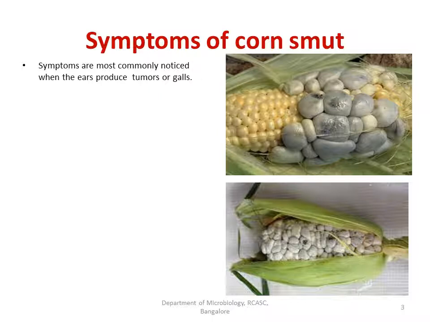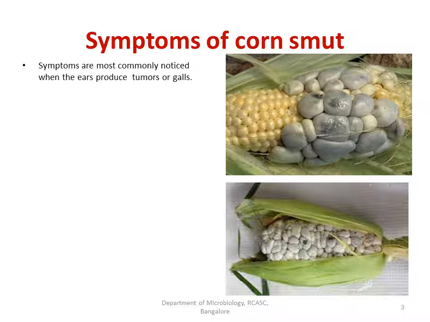Symptoms are most commonly noticed when the ear produces tumors or galls. It is the formation of tumors, as you can see in the images which I have put on the right side of this slide. You can see the formation of tumors or galls. What are these tumors?